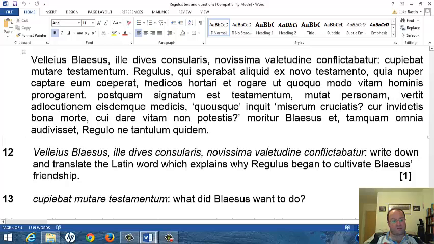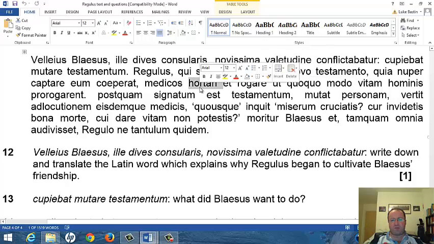Okay, we've then got, and this is really quite tricky, we've then got medicos hortari et rogare, ut quoquo modo, vitam hominis prorogarent. Okay, right, key factors. Yeah, okay. So we've got an indirect question. Also got an ut. Notice how we don't have any main verbs here. These are infinitives. So what we've got is we've got historic infinitives.